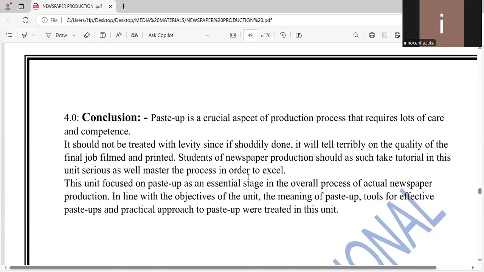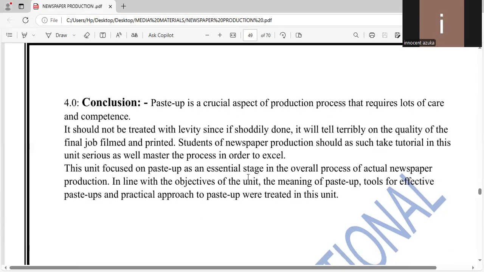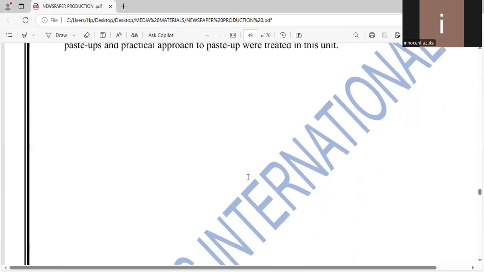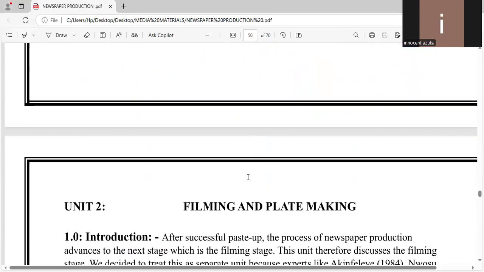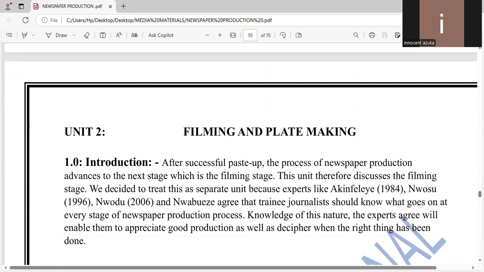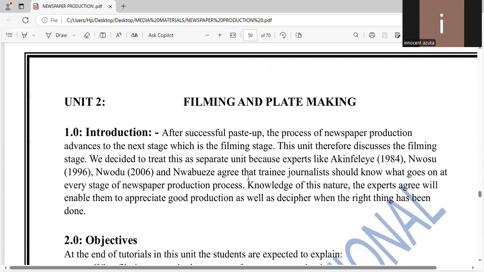Students of newspaper production should, as such, take the tutorial in this unit seriously as we master the process in order to excel. Thank you very much. As we move to our next topic, filming and plate making.